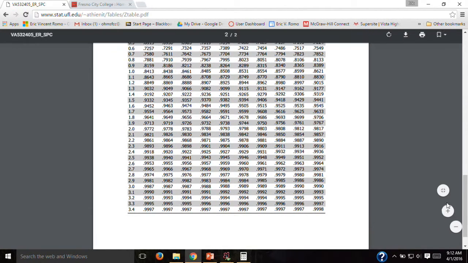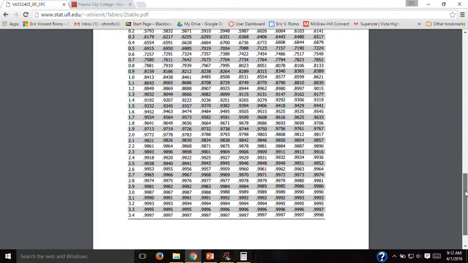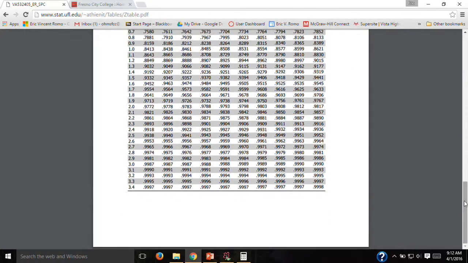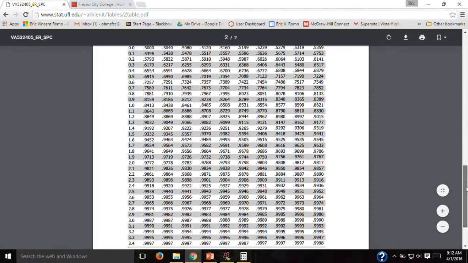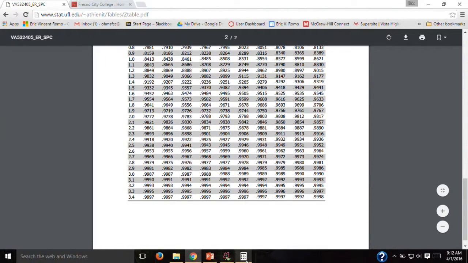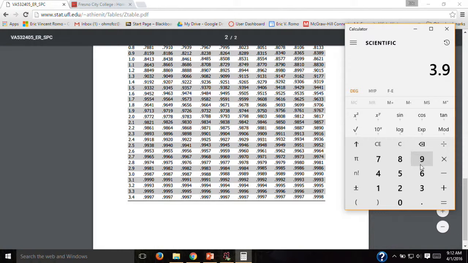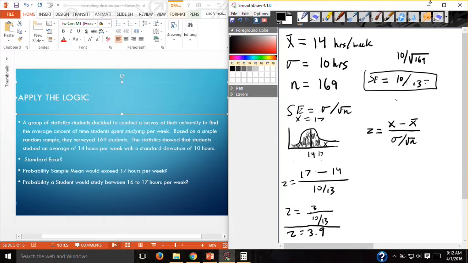Well, let's see. Uh-oh. It looks like we are higher than 3.4. That is exactly where the z table stops. So what this means is that no students would be going higher.